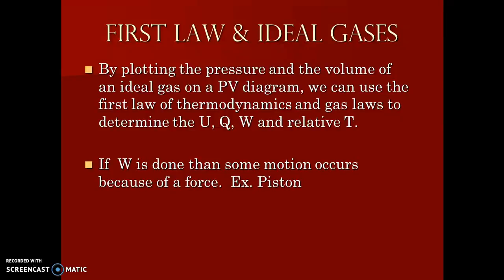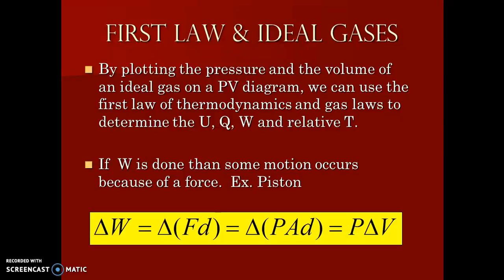So if work is done, then some sort of motion occurs because of a force. Remember when we first learned about work, back in AP Physics 1, work is equal to force times distance. And we began in this unit talking about pressure and how pressure is force per unit area.